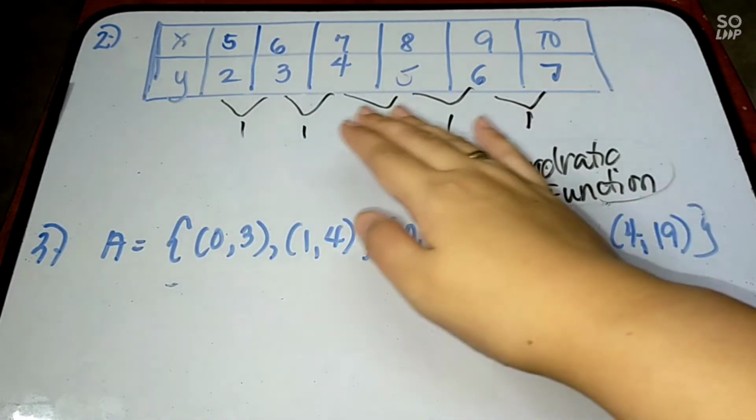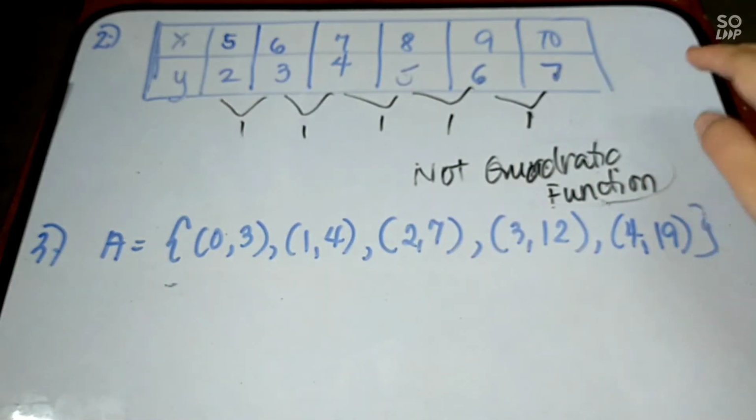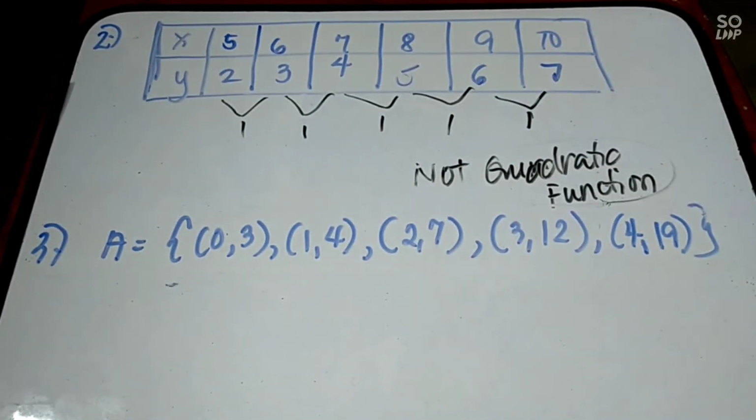Actually, kapag nag-equal na siya dun sa unang difference na yan, ang tawag na sa kanya is linear function. Is it clear? So, not already a quadratic function. So, si quadratic function, nag-i-equal lang lagi sa second difference ni y. Right? Next tayo, let us have number 3.